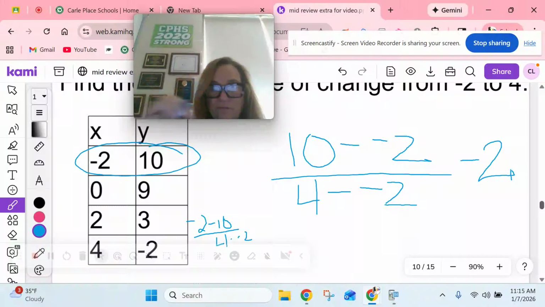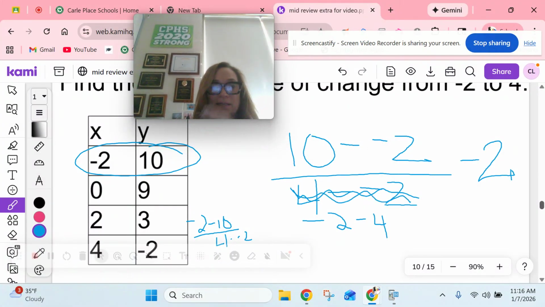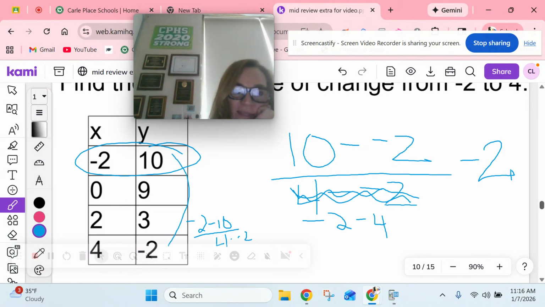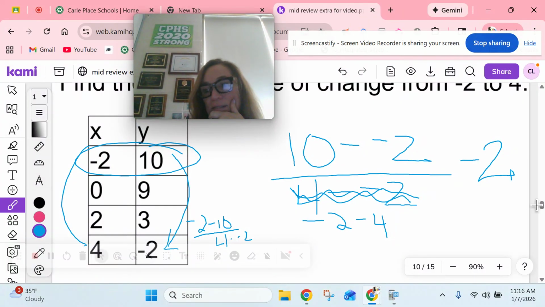It should be a negative 2. 4 minus a negative 2, 10 minus, oh my gosh, I see what I did. Okay, so I went in the opposite direction here. This should be negative 2 minus 4. Okay, that's what I did. All right, so it's negative 2. So if you're going in this direction, you have to go in this direction on that side. That's all. That was bad.